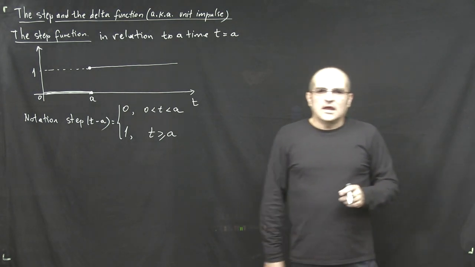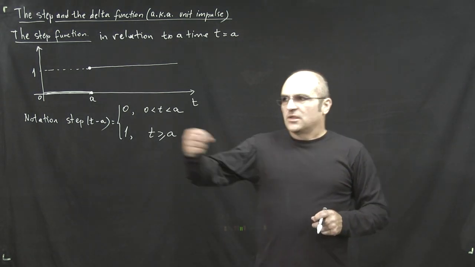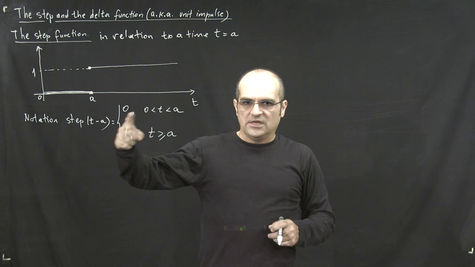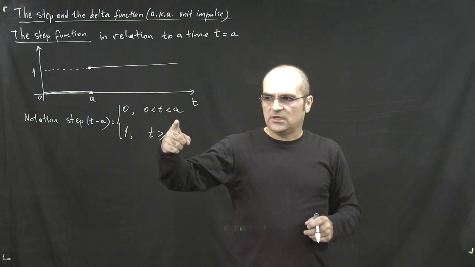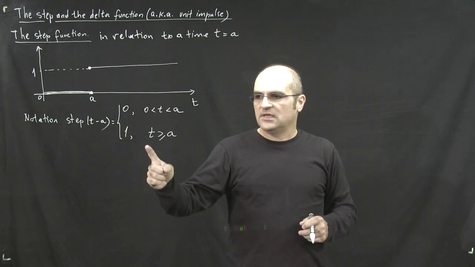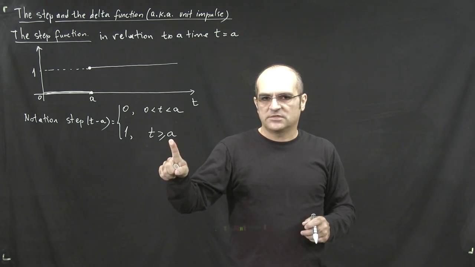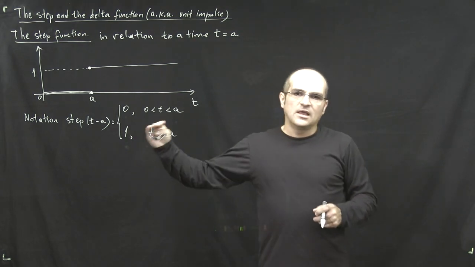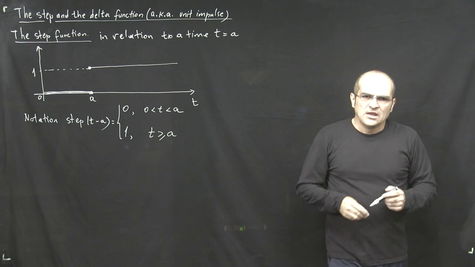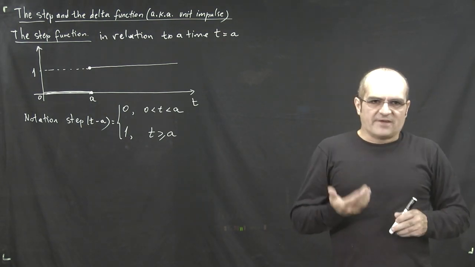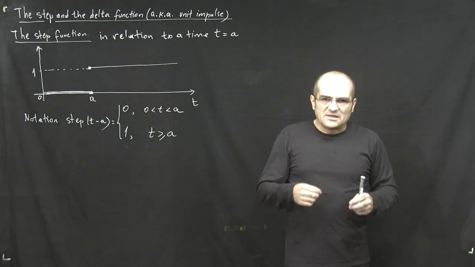So again, a function that does nothing, or in other words, returns 0 initially up until time t equals a, and then once the time reaches that value, t equals a, the function returns 1, and it stays 1 forever.